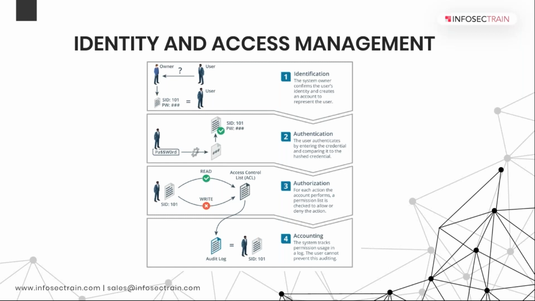So IAM is a security process that provides identity, authentication, and authorization mechanisms for entities to work with organization assets. An IAM system is usually described in terms of four main processes: identification, authentication, authorization, and accounting.